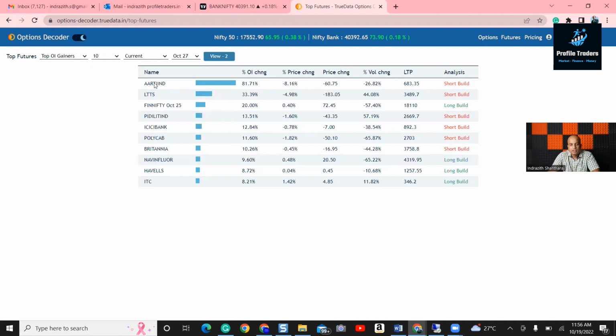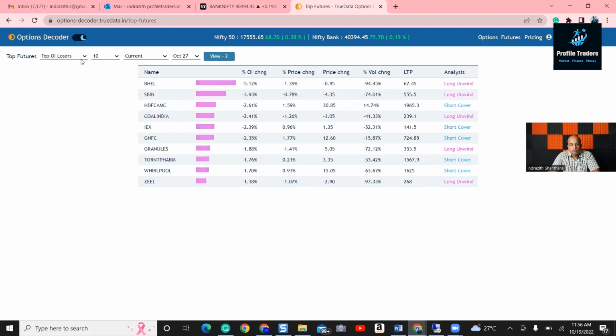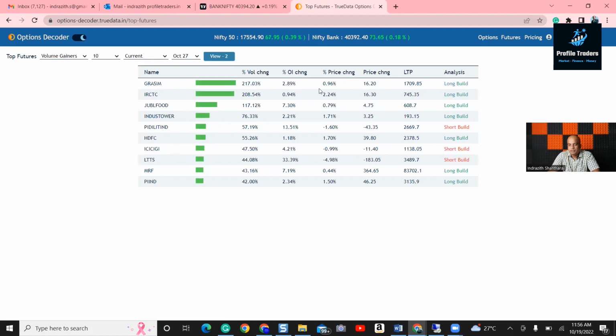Again, top OI losers, you can check this. Top OI losers is highly beneficial actually for option sellers. So volume gainers also you can use. This is a kind of screener actually.